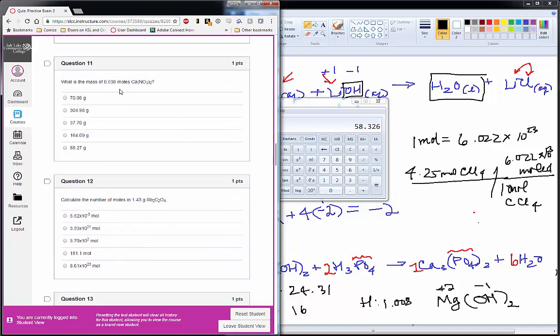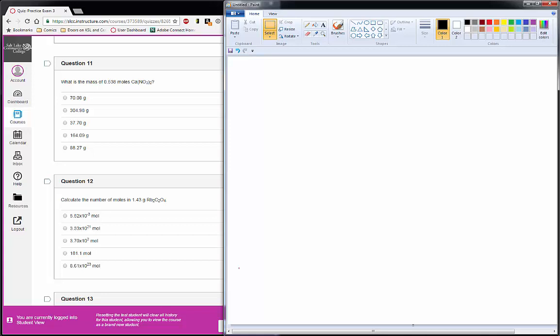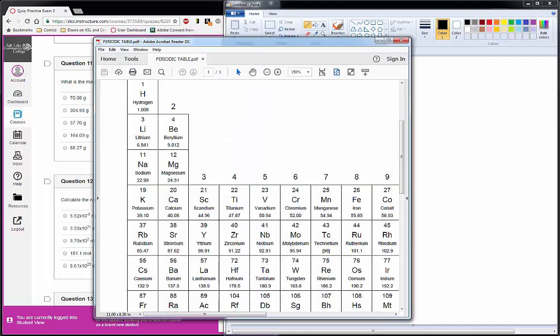Next, what is the mass of this many moles of calcium nitrate? Let's clean up some space. We're looking at calcium nitrate. And if we know the number of moles and we want grams, we need the molar mass. So again, to our periodic table, we see calcium is 40.08.